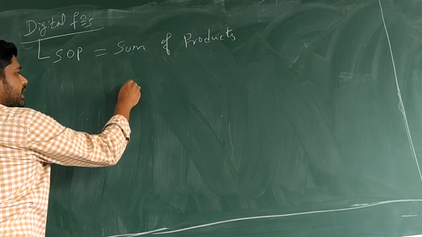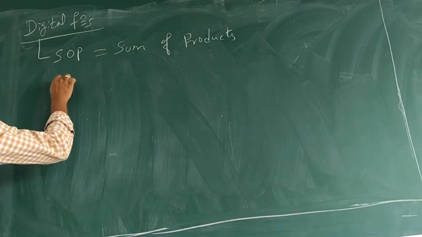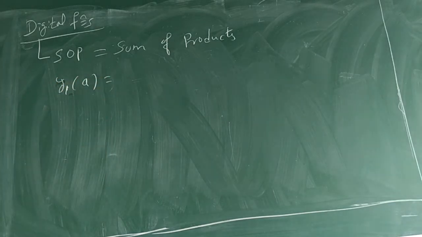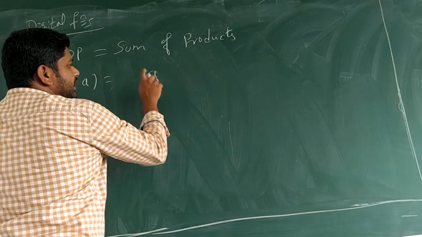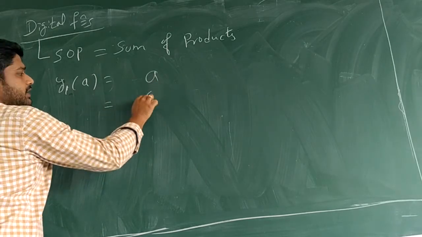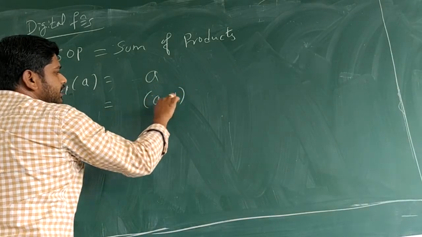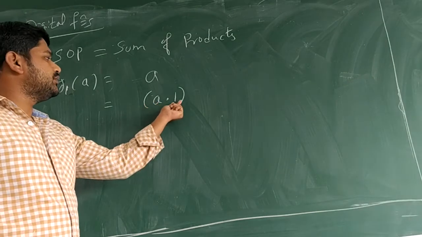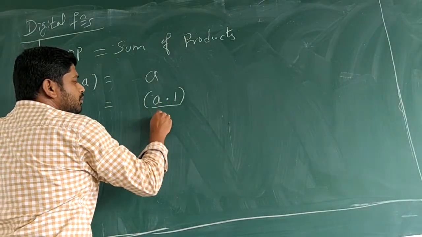Now let me write y1 is a function of variable a. I will write a single term, that is a. So how internally do we have to identify these? A can also be written as a dot 1. So what is the relation between a and 1? That is product.